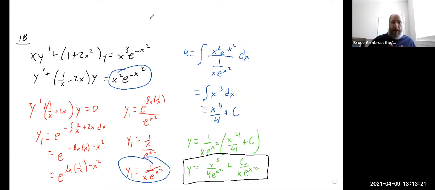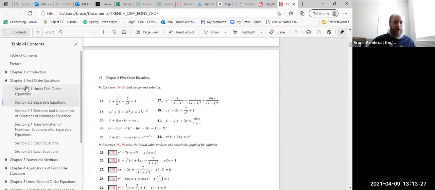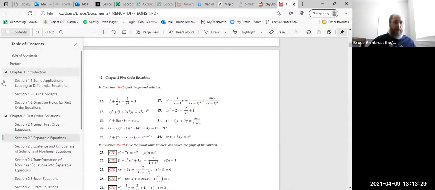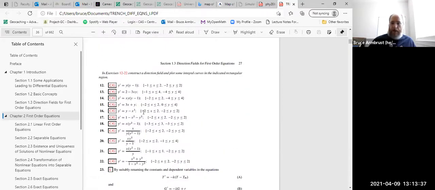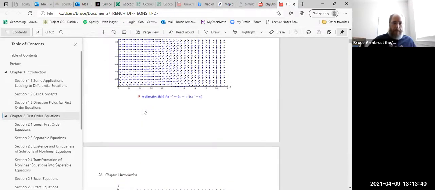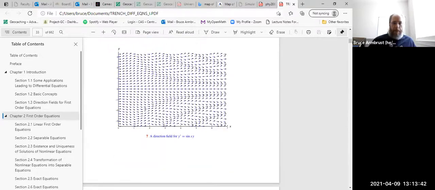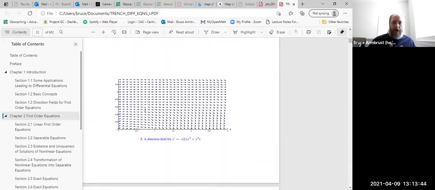So let's jump back and go look at section 1.3. Ralph asked about numbers 7 and 13 on that. So let me find that. Okay, so I know I just skipped 7.